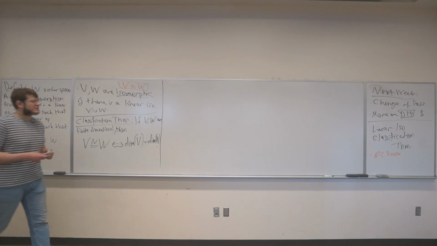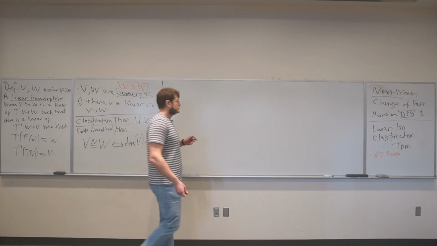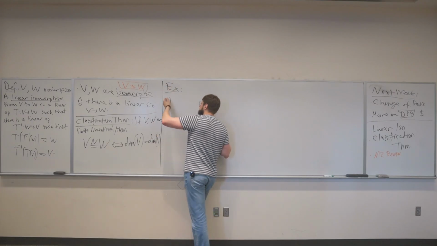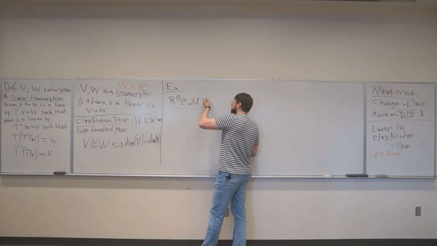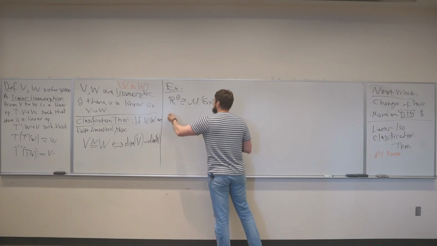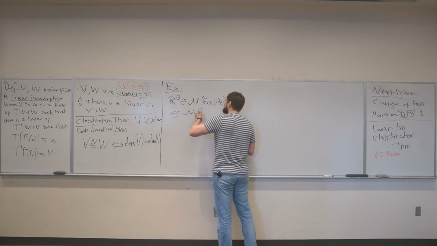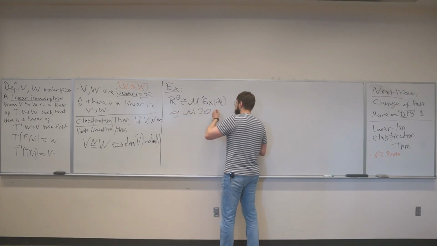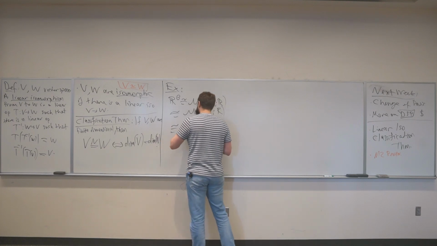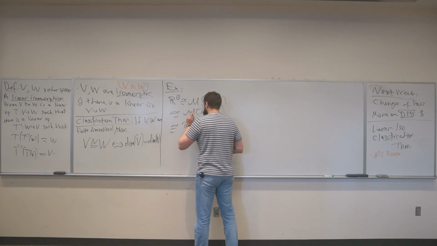Okay, so just to give examples, of course, what you can say is, well, these are all isomorphic. R to the 6 is isomorphic to the space of 6 by 1 matrices, which is isomorphic to the space of 3 by 2 matrices, isomorphic to the space of polynomials of degree at most 5.